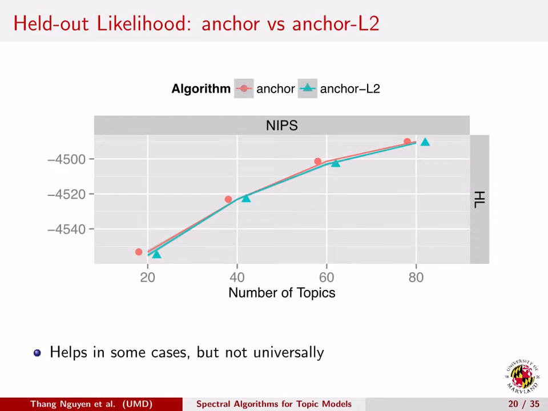So what was surprising to us is that in some cases, it helps. For example, when you have a very small data set or you choose your hyperparameters poorly, you can improve the held out likelihood, but it's fairly rare. So this was a bit of a wash. It didn't work as well as we expected.